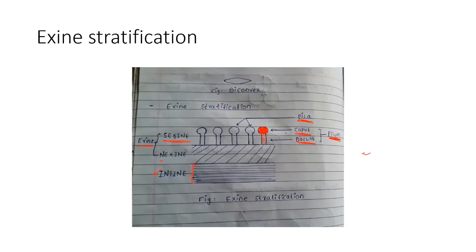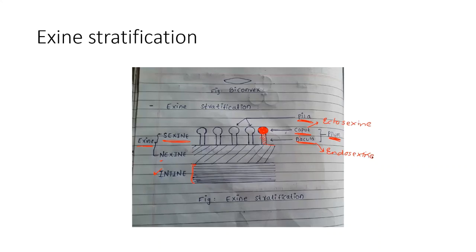So the caput is actually representing ectosexine, whereas the bacula is representing endosexine.